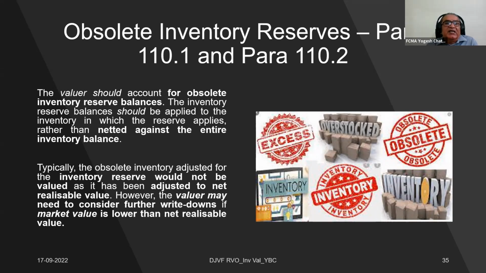So that is the guidance provided here. And typically the obsolete inventory adjusted for the inventory reserve would not be valued as it has been adjusted to net realizable value. So the valuer may need to consider further write-downs if the market value is lower than the net realizable value.